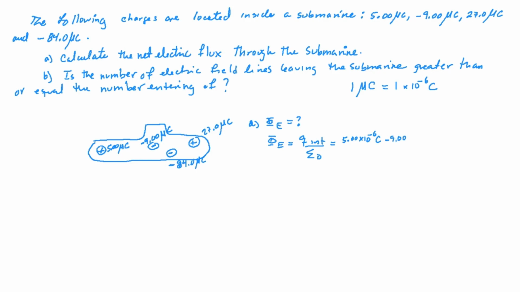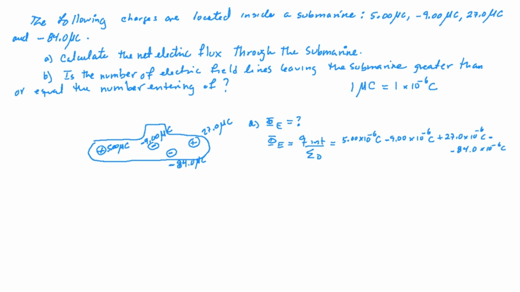plus 27.00 times 10 to the minus 6 coulombs, plus, in this case, minus 84.0 times 10 to the negative 6 coulombs.